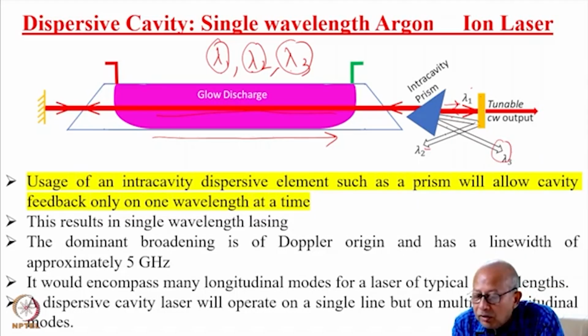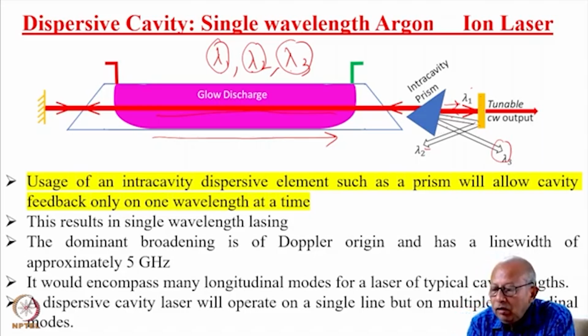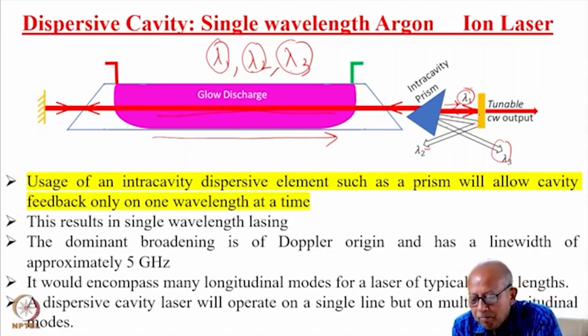Therefore, they would not get any chance to lase at all. So the light inside the cavity can grow only on this wavelength, lambda 1, which can oscillate back and forth, because this is the wavelength which shines onto the output mirror normally. Then the laser will emit wavelength lambda 1.